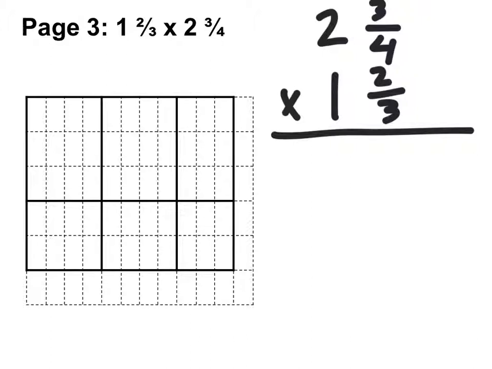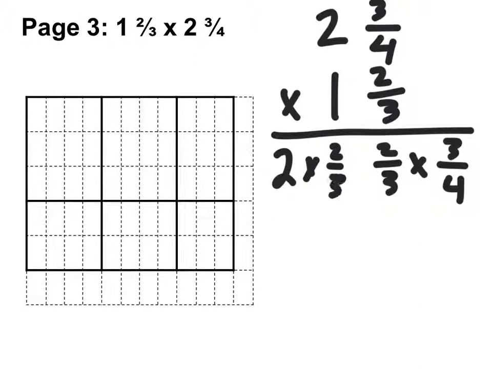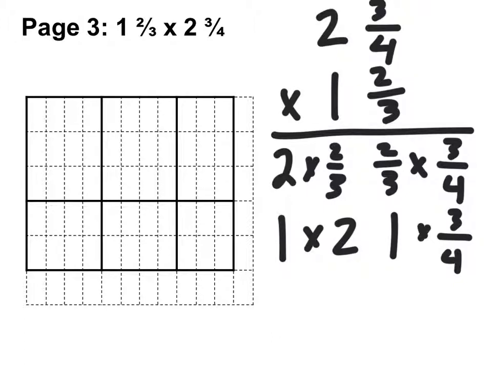Okay, so if I were going to do the traditional algorithm, I would start with 2/3 times 3/4. Then I would put that over here, and then I would have 2 times 2/3. And then I would do the 1 times 3/4, and then 1 times 2. And now in this case, I'm not thinking of these as specific place values, and this is where for some of us it's going to get a little bit confusing.